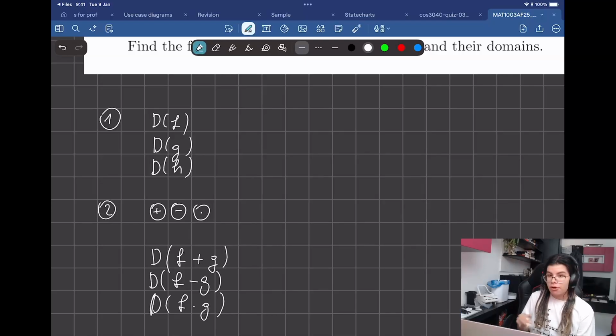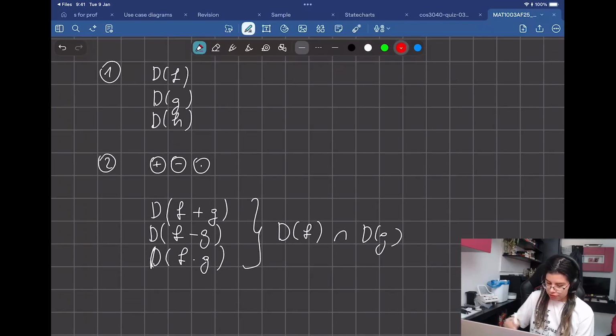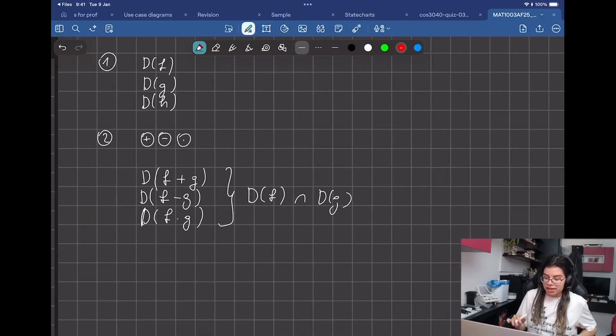And again, you could have all 3 functions. It doesn't really matter what combination it is, but it's always the same formula. It's the domain of the first function intersected with the domain of the second function. And for example, if we were to have domain of f plus g plus h, then you would just intersect it with the domain of h as well, right? It's the same practice. So that's the way you find it.